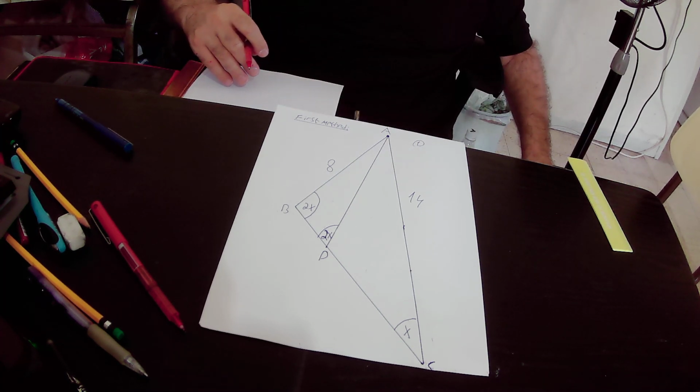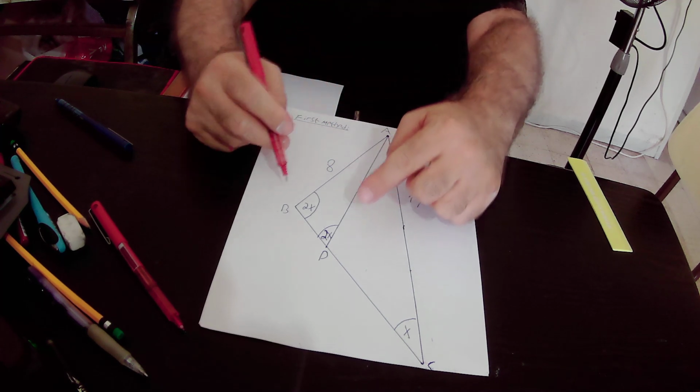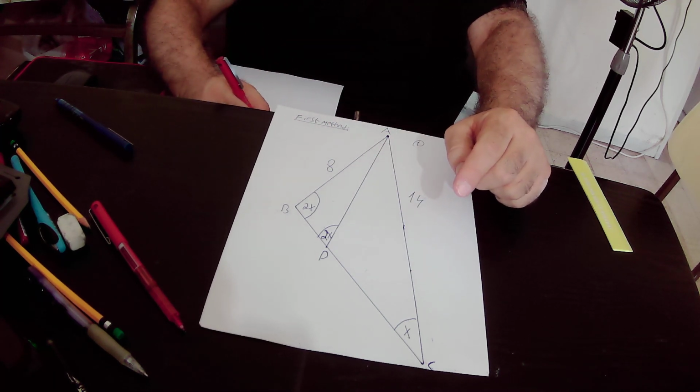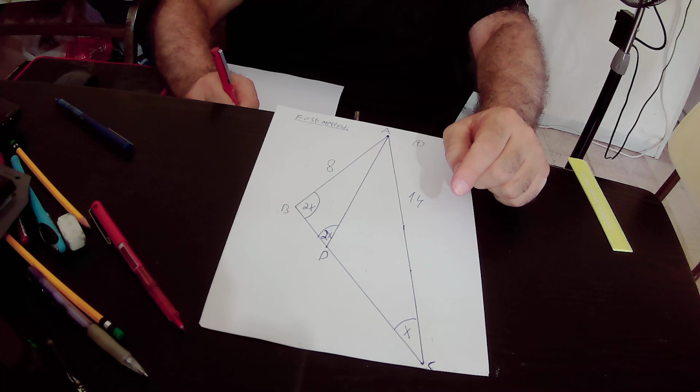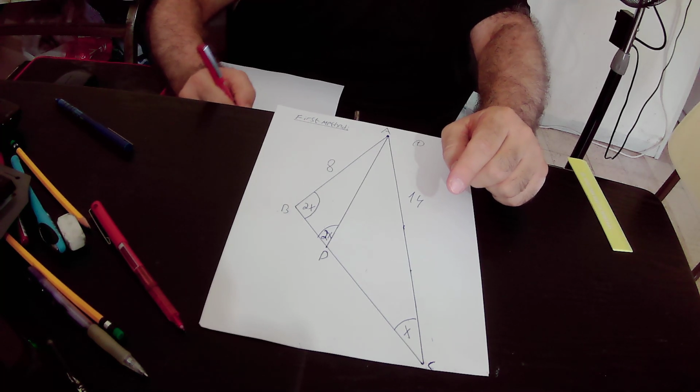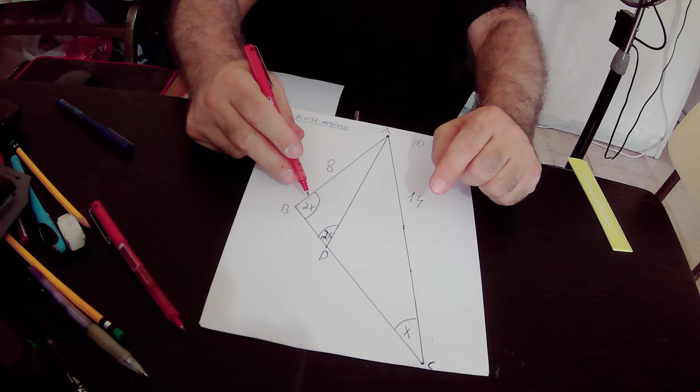We have triangle ABD. In triangle ABD, we have two angles that are equal to each other.